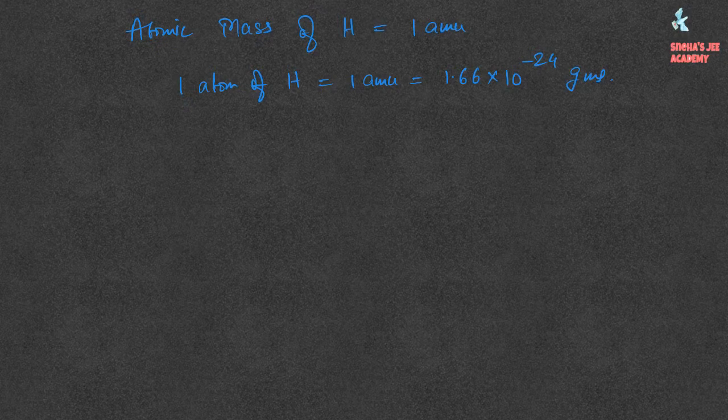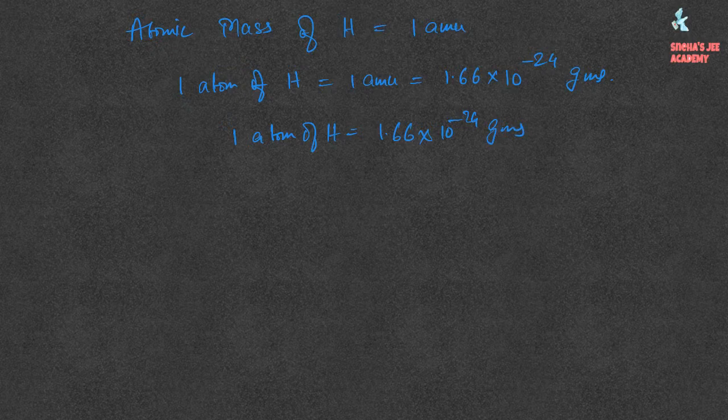Okay, so now we know this, right? So to rewrite this, one atom of H equals 1.66 times 10 raised to minus 24 grams.